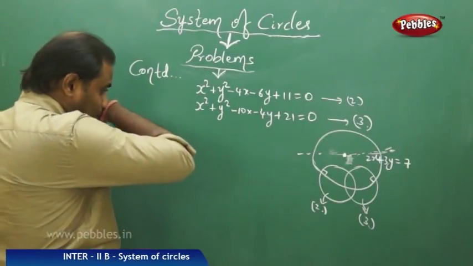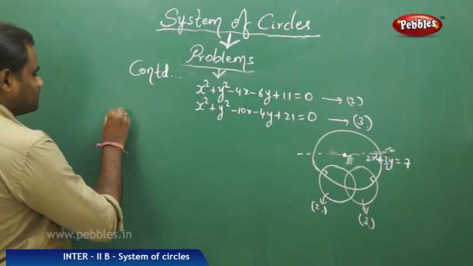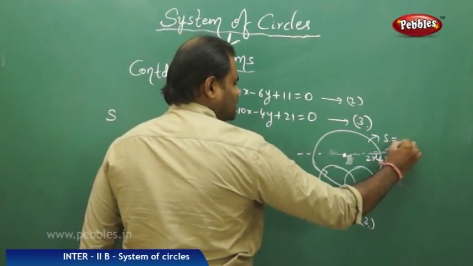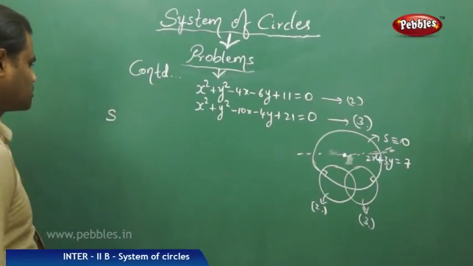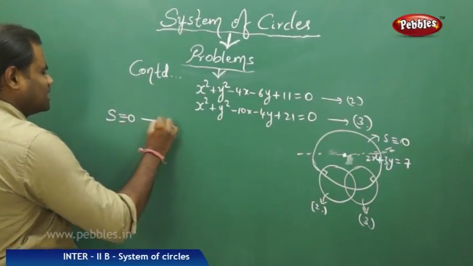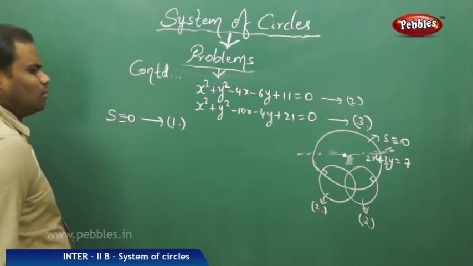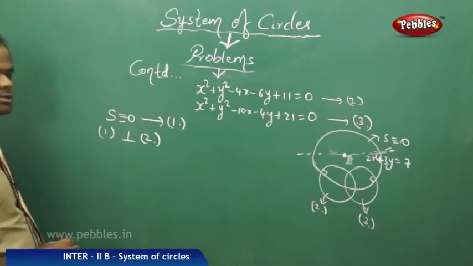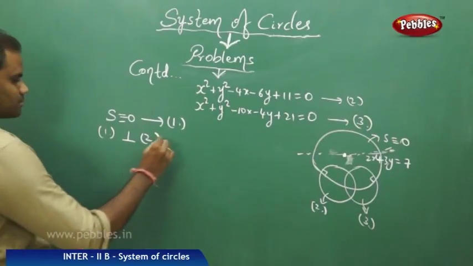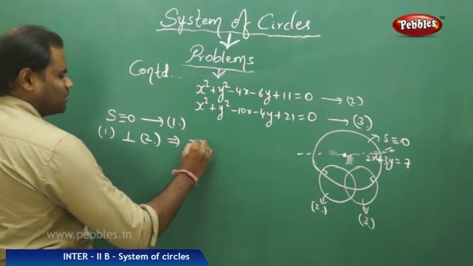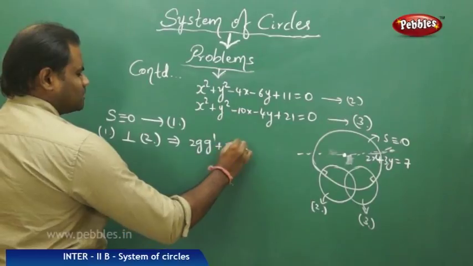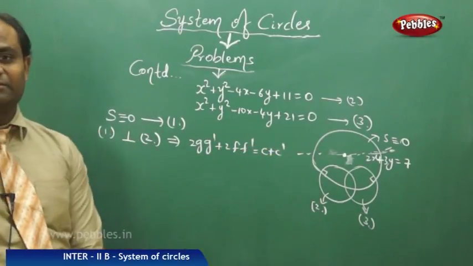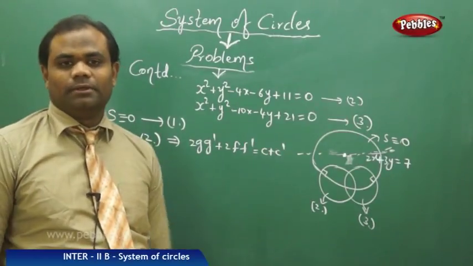So using this condition, let me say S, this is the equation of circle in general form as S equal to 0, which I have taken as equation 1. Now 1 is orthogonal to 2, that is perpendicular, implies the condition is 2gg dash plus 2ff dash equals c plus c dash. We have this condition in the formula.